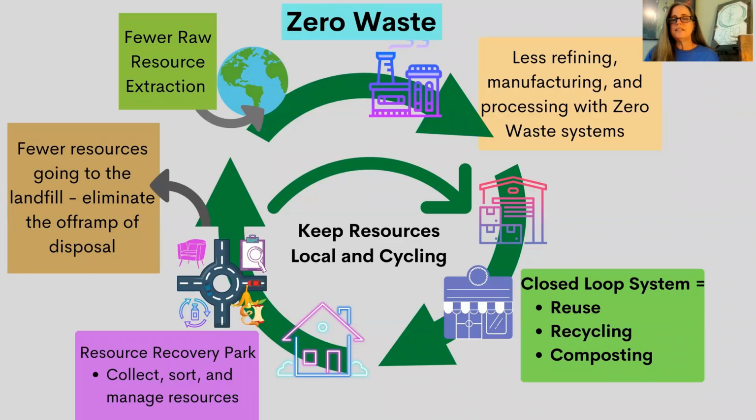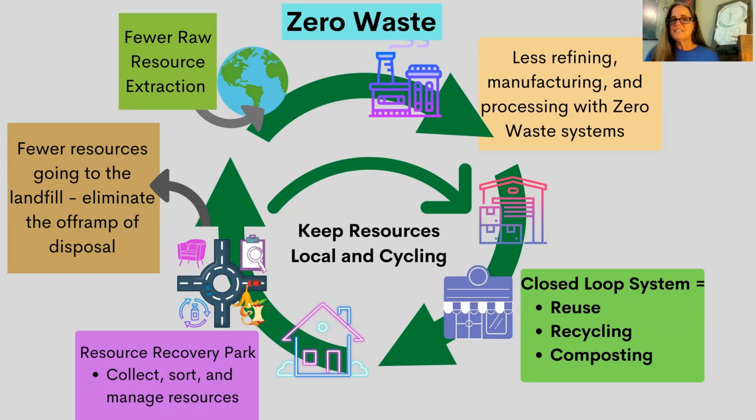So when all of these materials and items get collected and sorted and managed as resources through a resource recovery park, then we will have less and less materials going to a landfill, such as food scraps, which you guys are actively part of that solution and that system. And then we will be able to use all of the recycled material and compostable material as the feedstock for the new products and packaging and food, instead of extracting new raw materials from the earth.